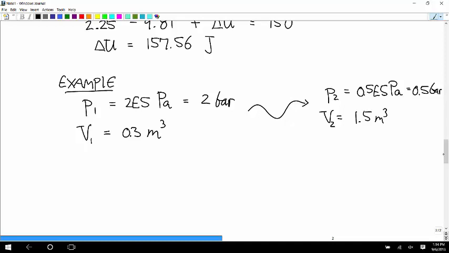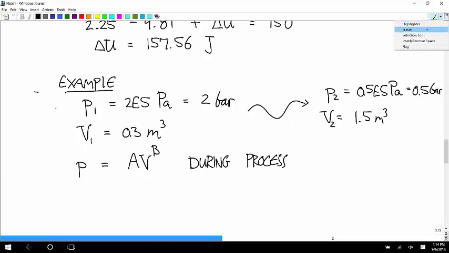Now, say that we know through an experiment that the pressure throughout the process is going to be equal to A times volume to the D power. On a couple of problems in this set, it says something about this being known by treating the process as quasi-equilibrium. That idea of quasi-equilibrium isn't really crucial to using what's given in the problem.